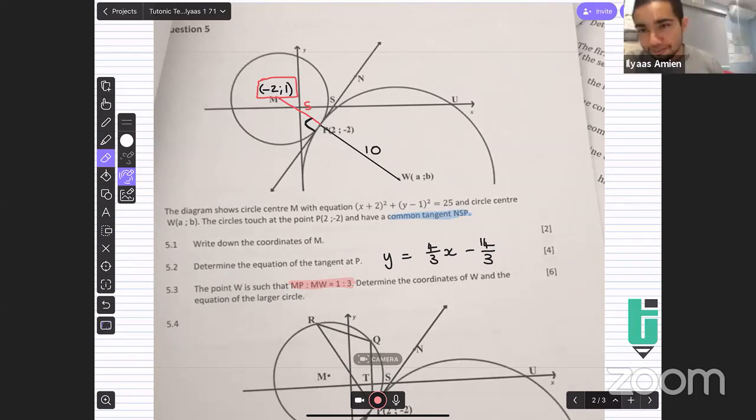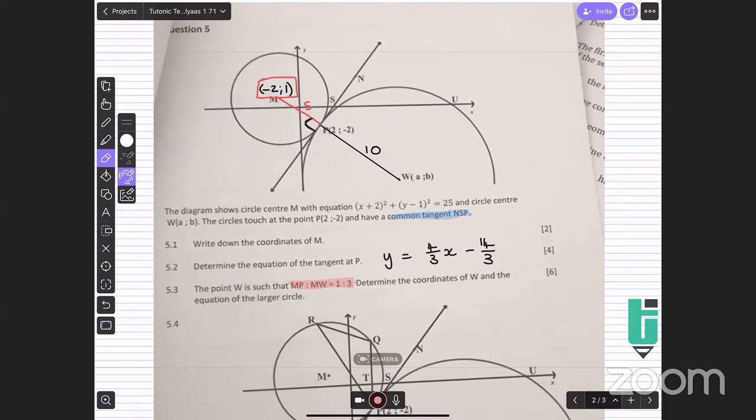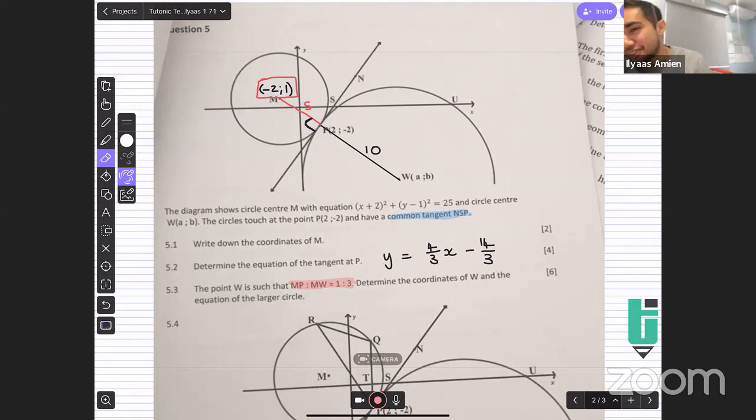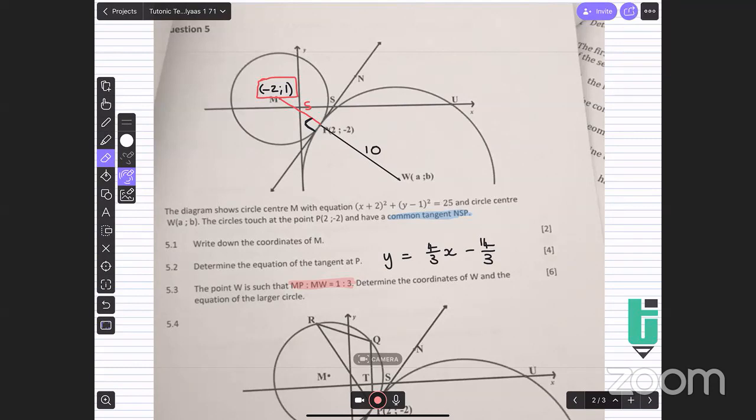Yes, are the lines parallel? No. Why not? They look parallel, but I'm asking you, can you prove that they're parallel? Maybe. Anyone? No.